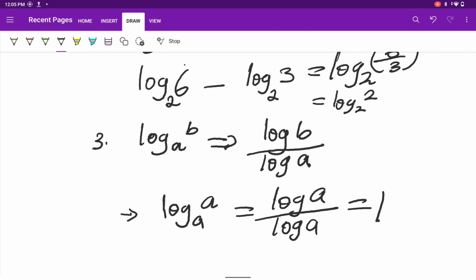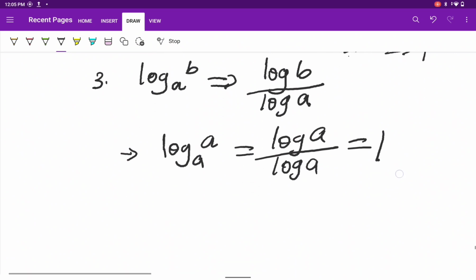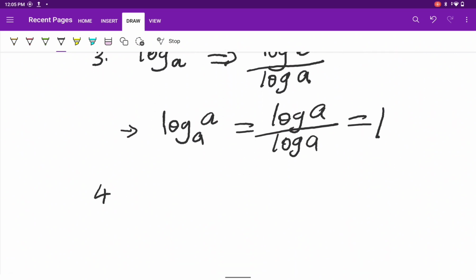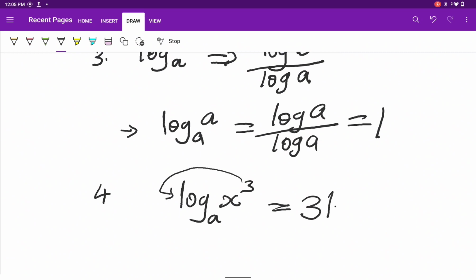So log 2 base 2 here in this case is the same as 1. So number 4, if we have a log of, let's say, x to the power 3 base a, we take this 3 in front, so we'll have 3 and then log of x base a. So this is what we are able to do.